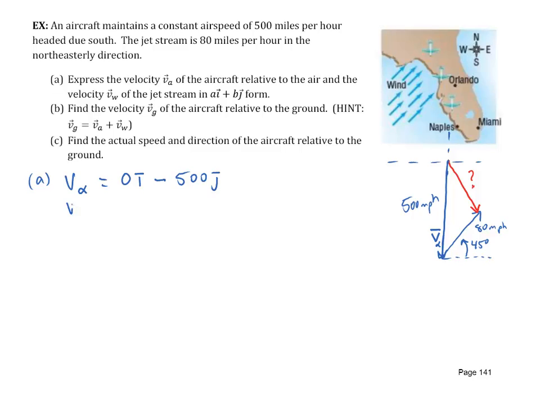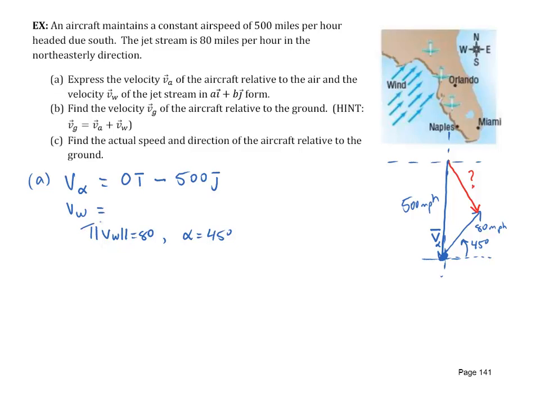On the other hand, v sub w, which is the wind: if we drew the coordinate system here and put the origin at the base where that vector starts, we know it has a length of 80, and we know its direction is 45 degrees.